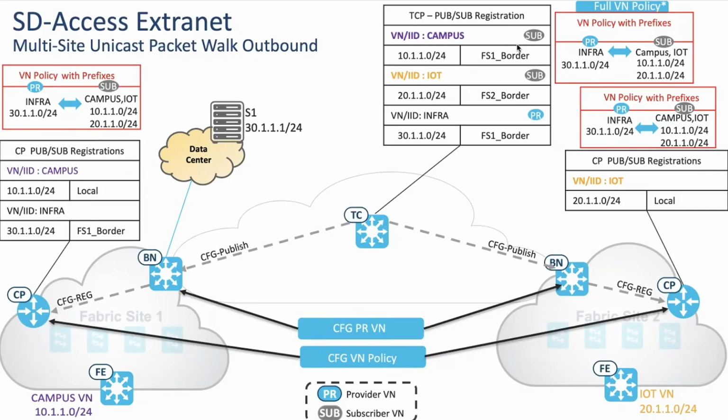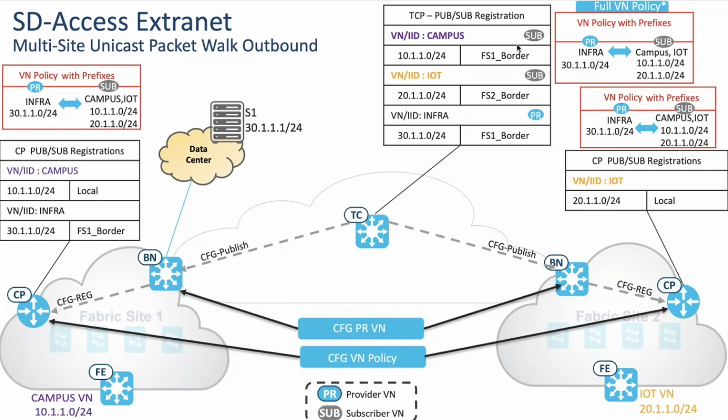Well, in this case, the provider VN can have multiple subscribers. So I guess you could say that's a one-to-many. But the subscribers don't talk amongst themselves in a subscriber-to-subscriber relationship. So I don't know if I'm understanding what you mean by one-to-one, but the providers can have multiple subscribers. So campus, right?